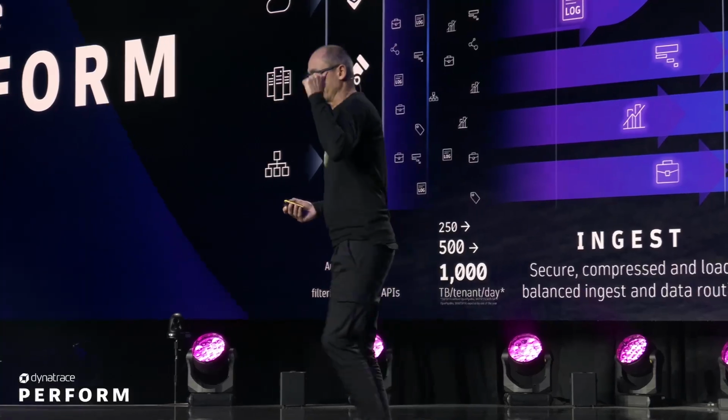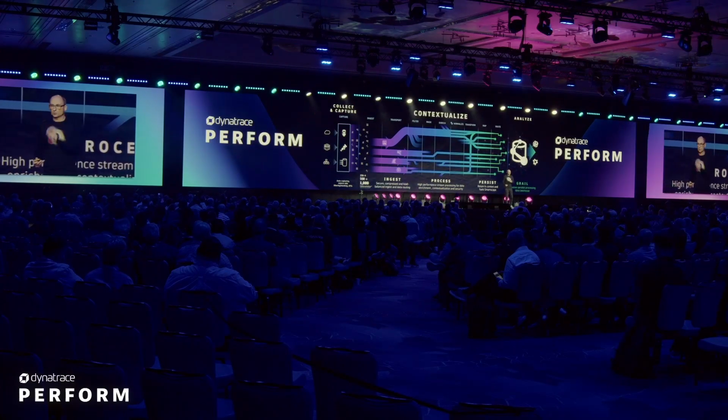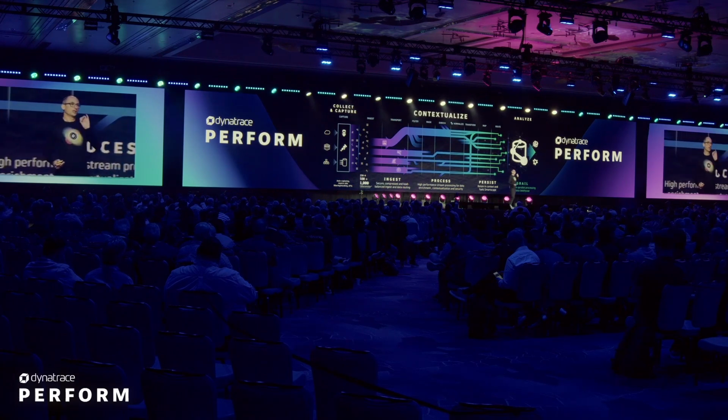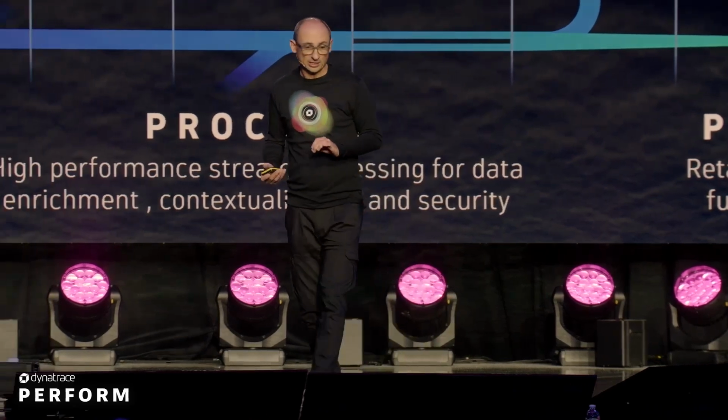All the filtering, masking for security, privacy management, normalization. This is also where the semantic dictionary kicks in that we announced last year. It helps you transform the data so that you have only in Grail exactly what you need, at the highest quality, with context in there so that you're ready for the best analytics.